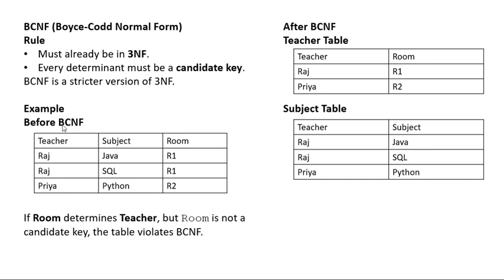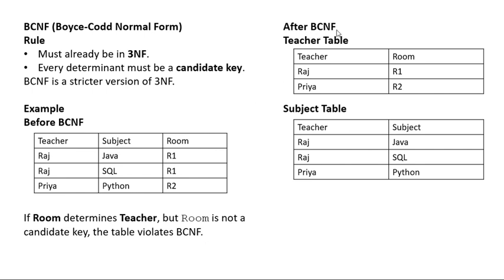And before BCNF we have teacher, subject and room: one teacher has two or more subjects in this table, and the room determines the teacher, but room is not a candidate key, and the table violates BCNF.